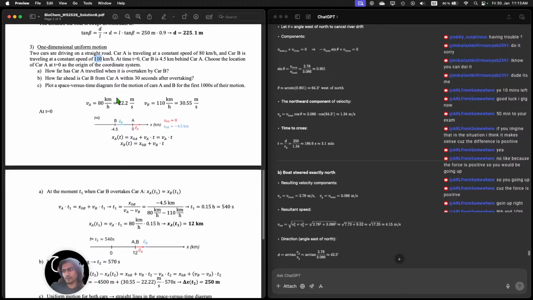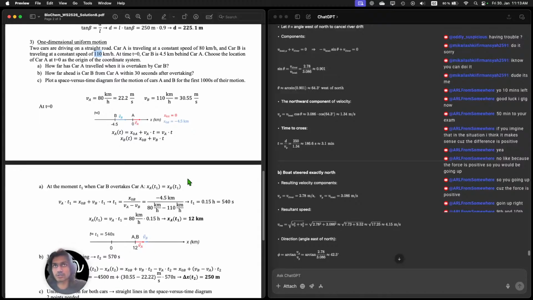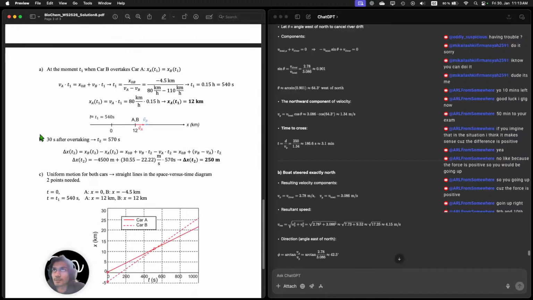If I divide them, it's going to be 15 by 6, 5 by 2. No, I'm not going to think too much because it's going to be wasting my time.